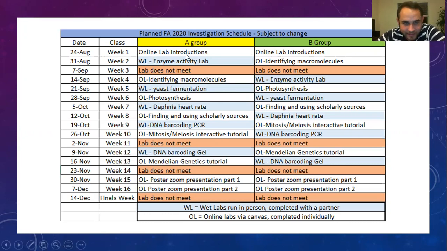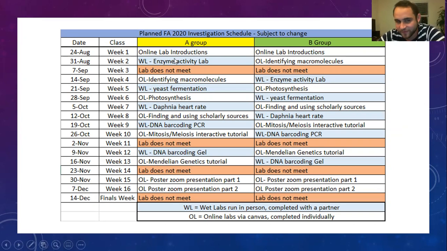But next week, you see that there is a WL and an OL before the activity. Well, that means wet lab or in person, or online lab. So next week, the week of August 31st, Group A will be seeing me in person, while Group B will be staying at home doing an online activity. Now, after that, we'll switch around.